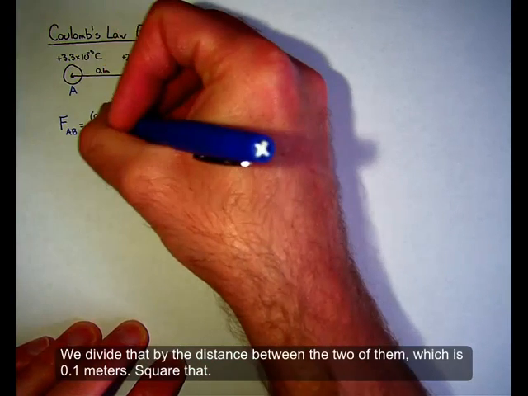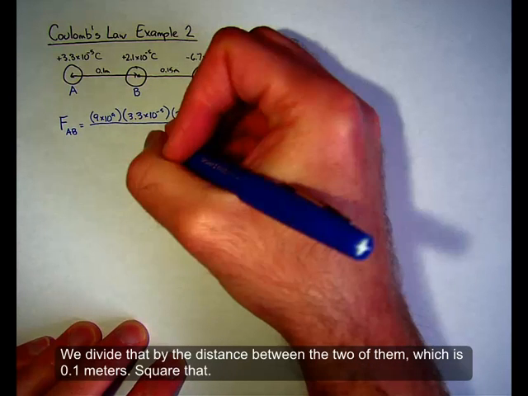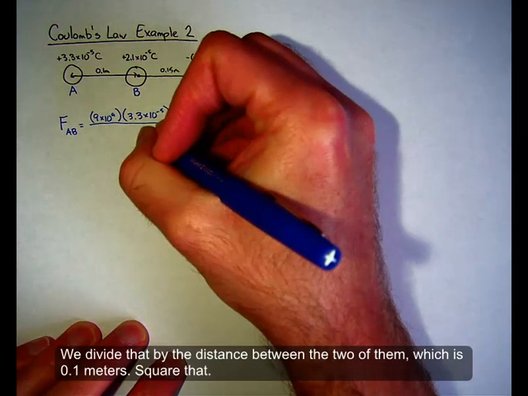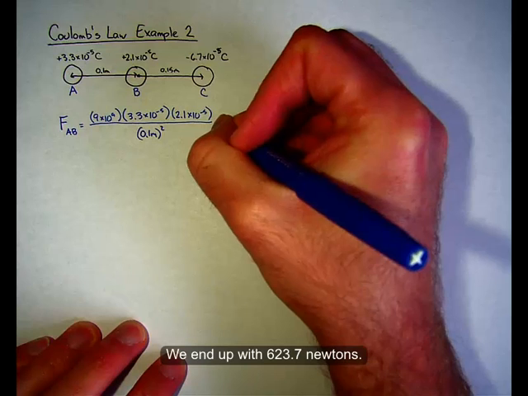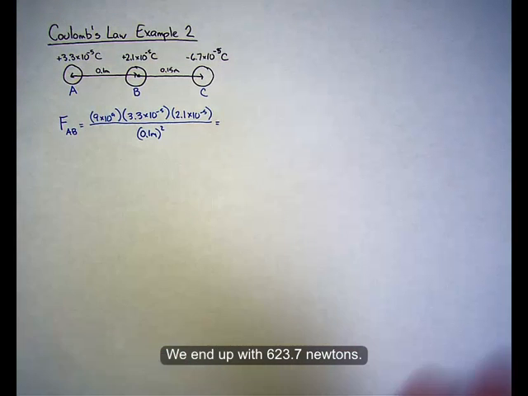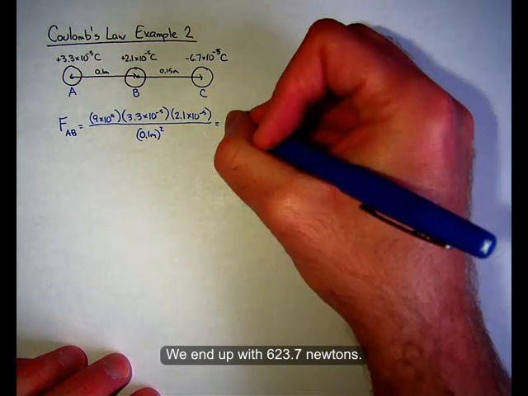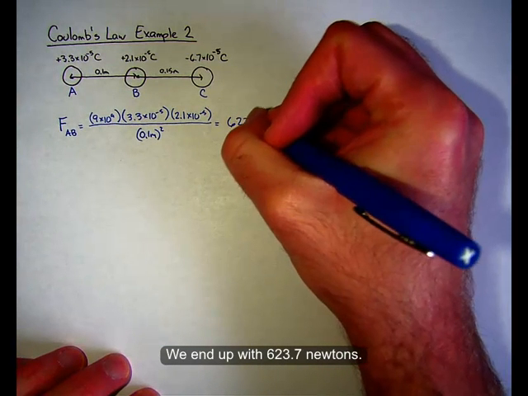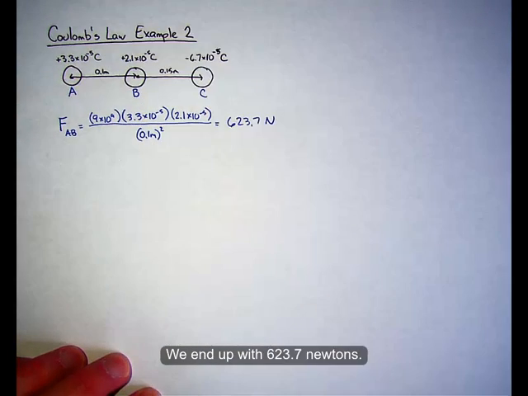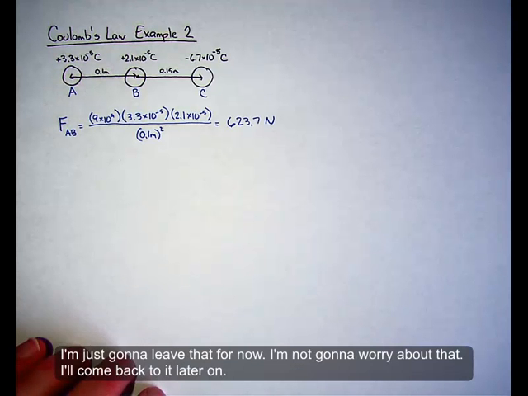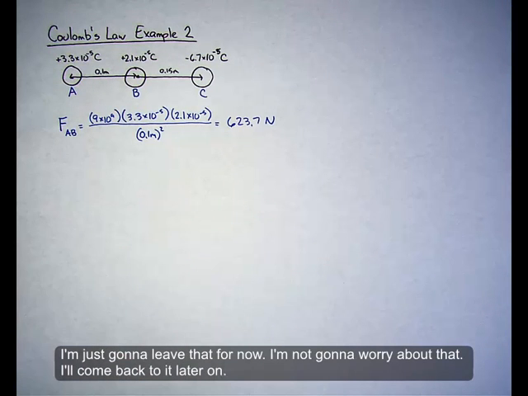And we divide that by the distance between the two of them, which is 0.1 meters, and we square that. And so if we calculate this out, it's 623.7 newtons. So I'm just going to leave that for now. I'm going to come back to that later on.